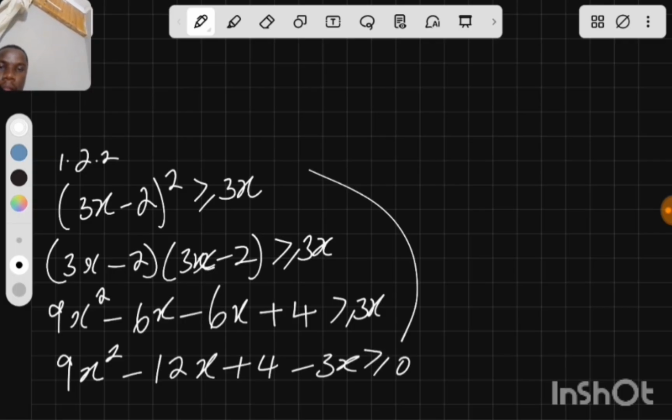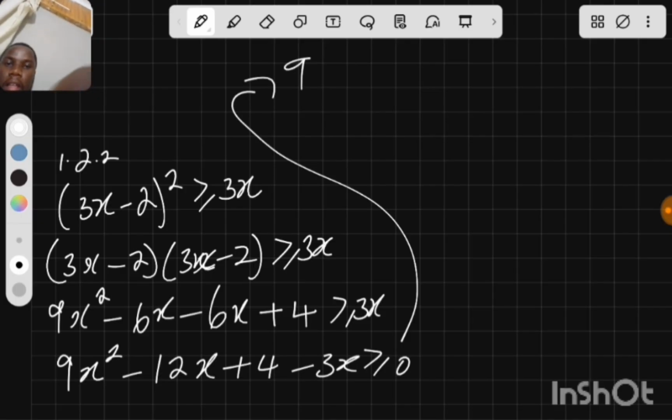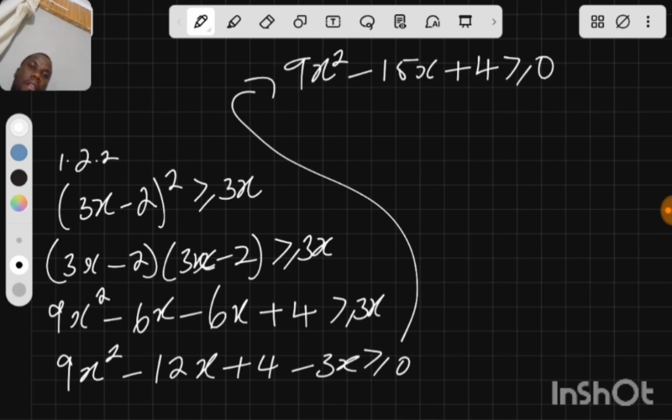Then you will be left with 9x squared minus 12x minus 3x, which is minus 15x, plus 4, which is greater than or equal to 0.